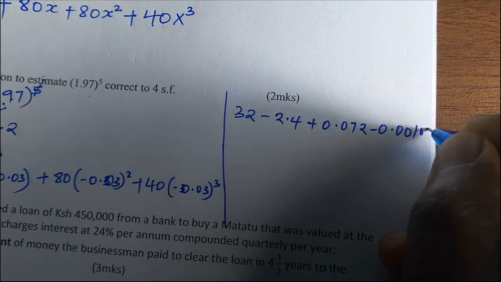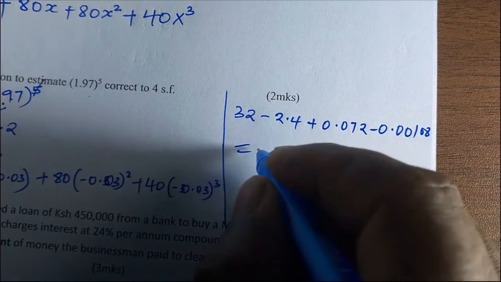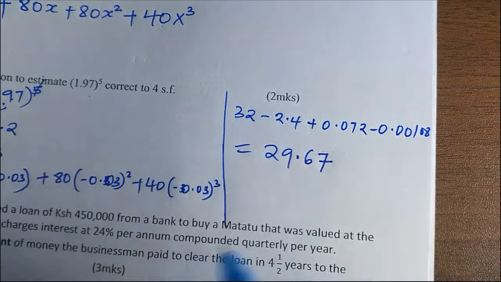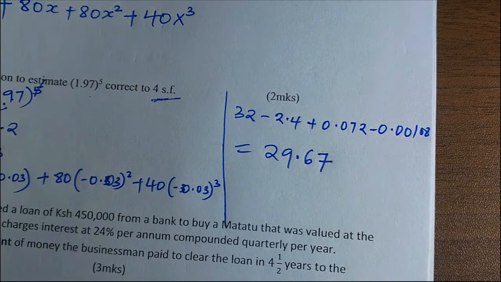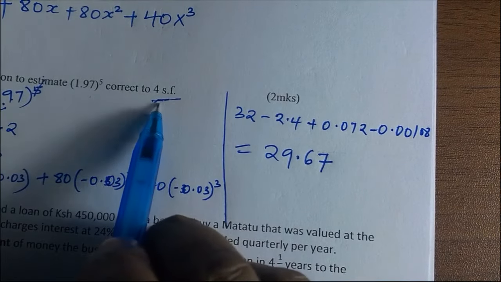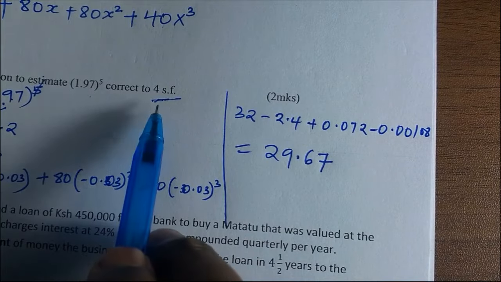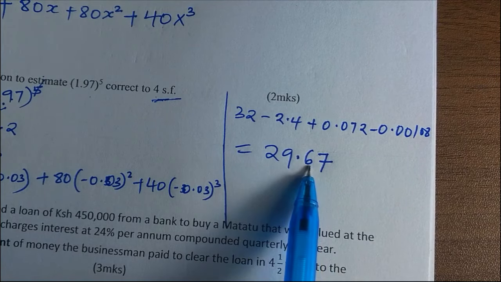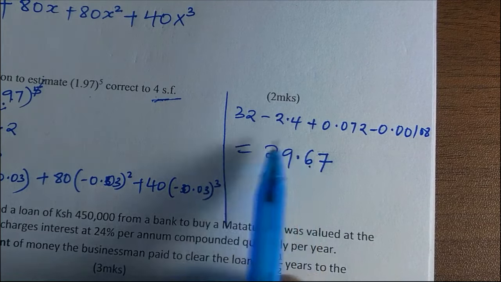So our final answer is 29.67 to 4 significant figures, because you must follow this instruction. If you forget, you will lose the mark. So you will get 1 mark.